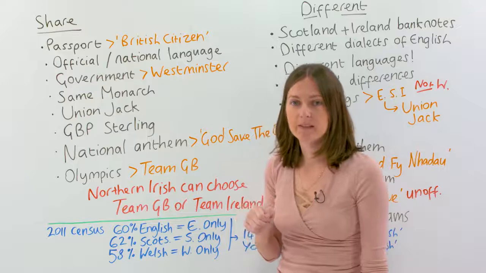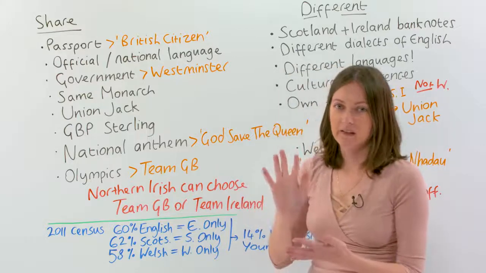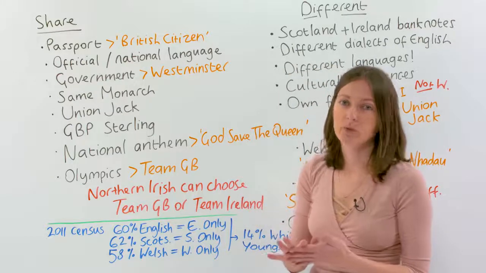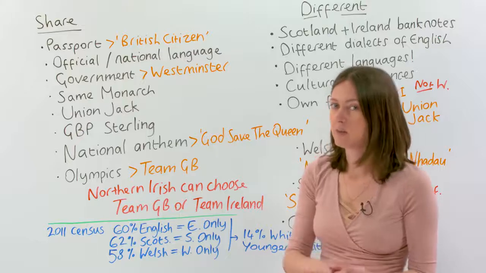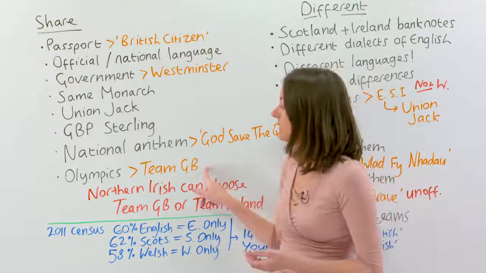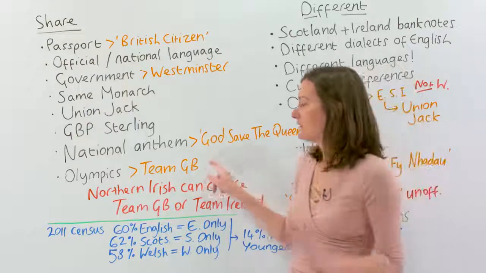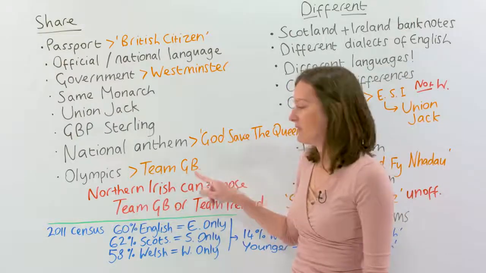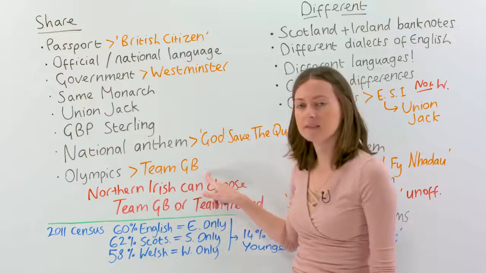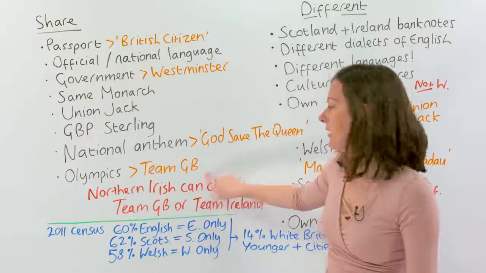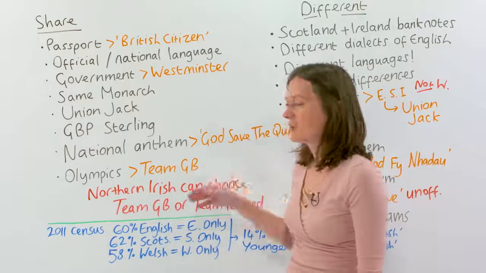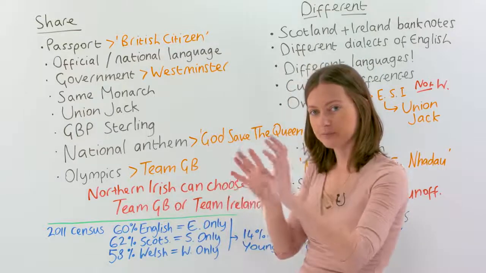And in the Olympics, everybody in England, Scotland, Wales or Northern Ireland can compete under Team Great Britain if they choose. Now, this is an unusual choice of name for the team of the Olympics because if you remember, Great Britain doesn't include Northern Ireland.